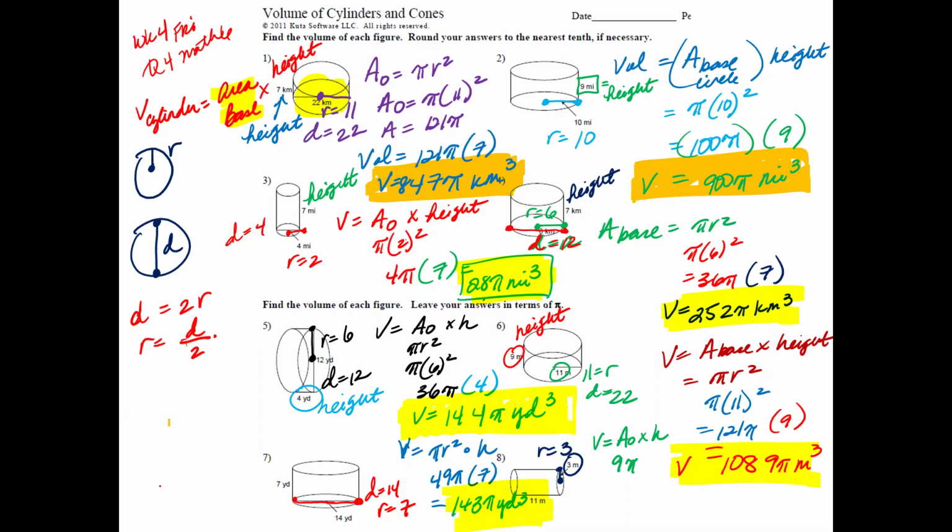Yeah, your R is 3, so what's 3 squared? That's how you get 9 pi. What's your height? What's your answer? 99 what? Pi. Don't forget the pi. If you don't have the pi, that's wrong.